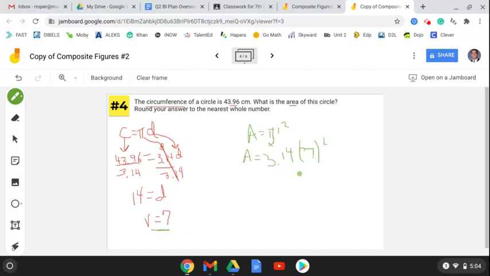Okay, so let's square your radius first. 7 squared is 49. And then I multiply by 3.14, and I get 153.86. So area equals 153.86, and this is centimeters squared. Okay, so given the circumference, I can find the area.